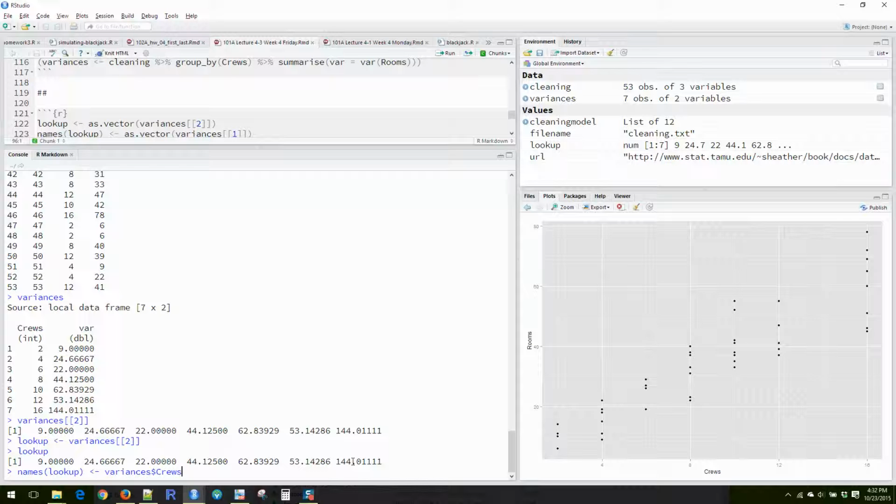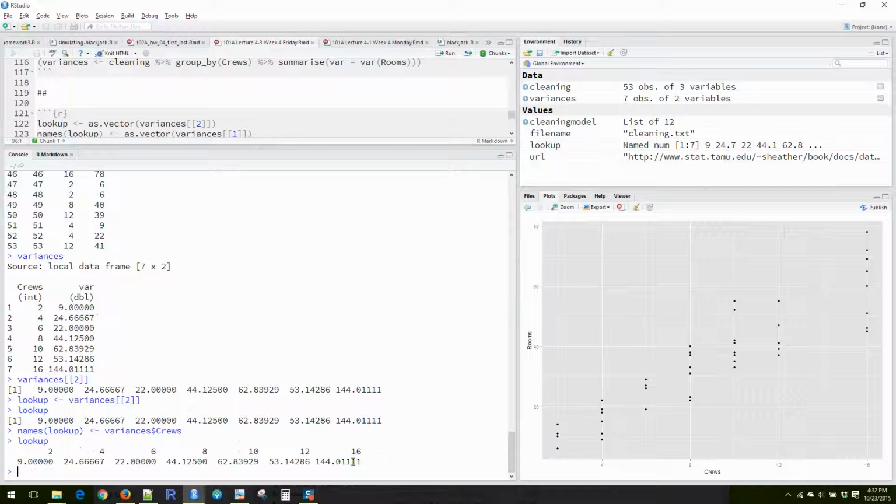So I have associated these crews with these values. The value is 9, and I can call up this value by looking up the name 2 in lookup. I can look up 4, look up 8, and it'll give me the associated number. Is that okay?